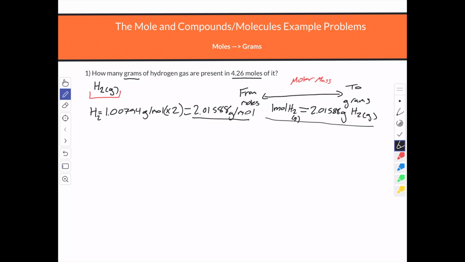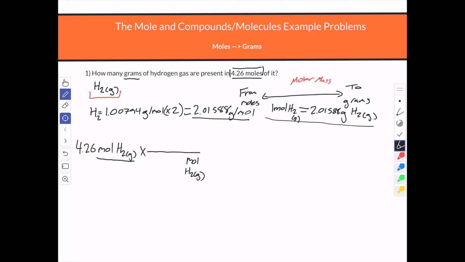Now, our problem is no different than any other conversion problem we would do. We write out what we're converting from, which in this case is 4.26 moles of our substance, which is hydrogen gas. We recognize that this unit must go on the bottom because we need to cancel it out. So moles of H2 gas.